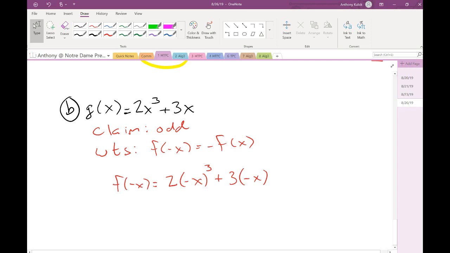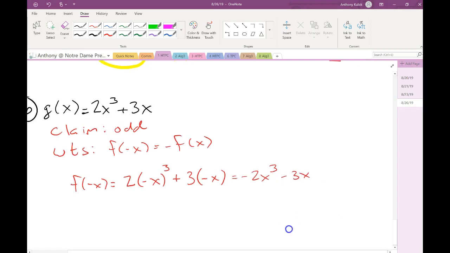Now let's do some simplifying. Negative x to the third power is negative x to the third, right? And then when I multiply that by 2, I have negative 2x cubed. Everybody agree? Okay. If I do 3 times negative x, I get negative 3x. Everybody agree with that?